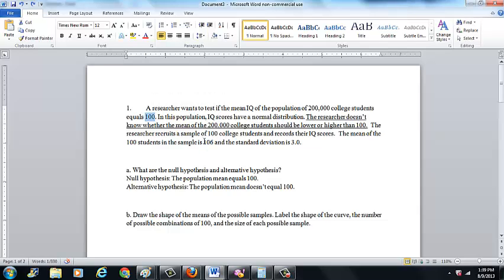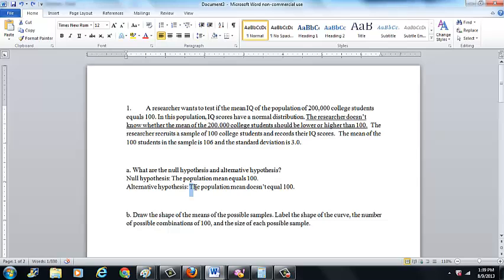So since the sample mean came out to 106, it's showing evidence that the population mean is above 100, because the sample gives you information about the population. So this sample mean of 106 is showing that the population mean appears to be higher than 100.